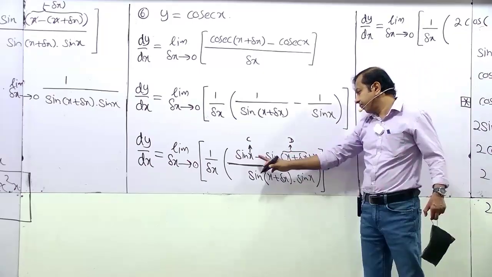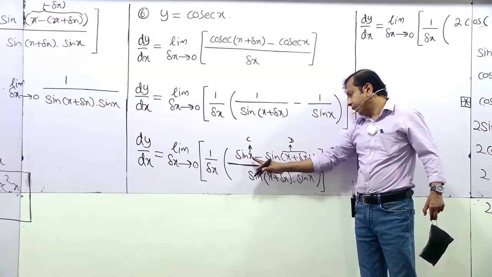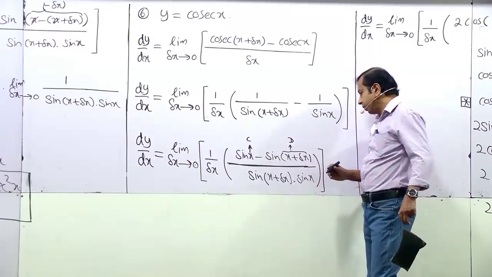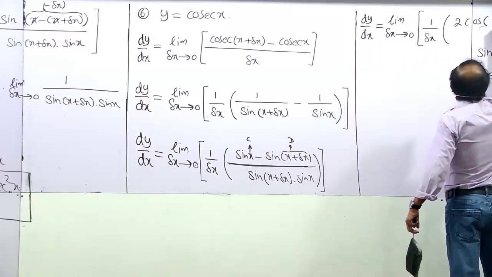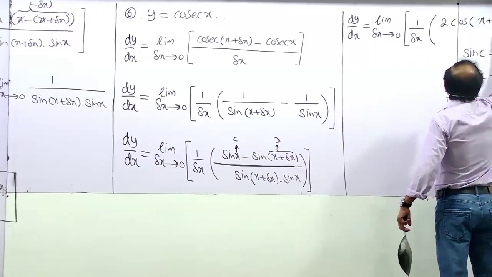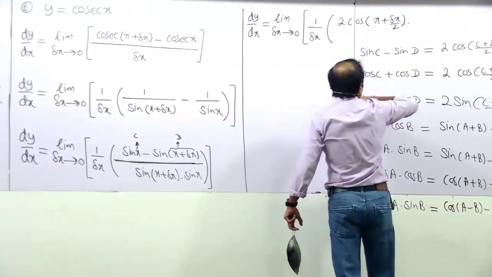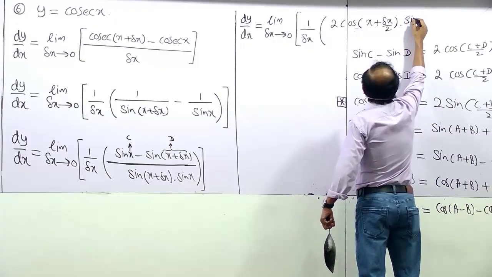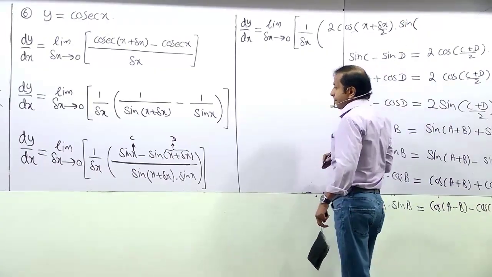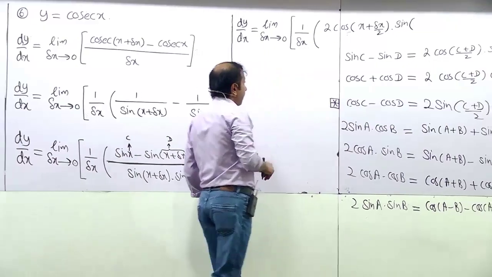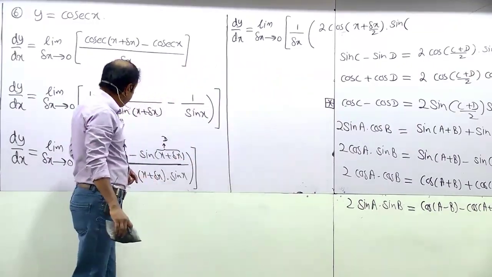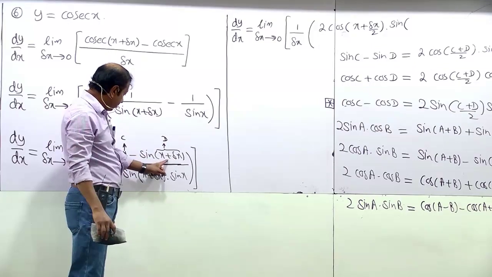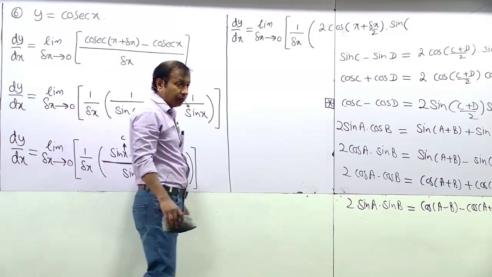First add these angles and divide by 2: x and x plus delta x, divided by 2, means x plus delta x by 2. The second one is sin. C minus D: from this x we subtract this, then we get minus delta x by 2.